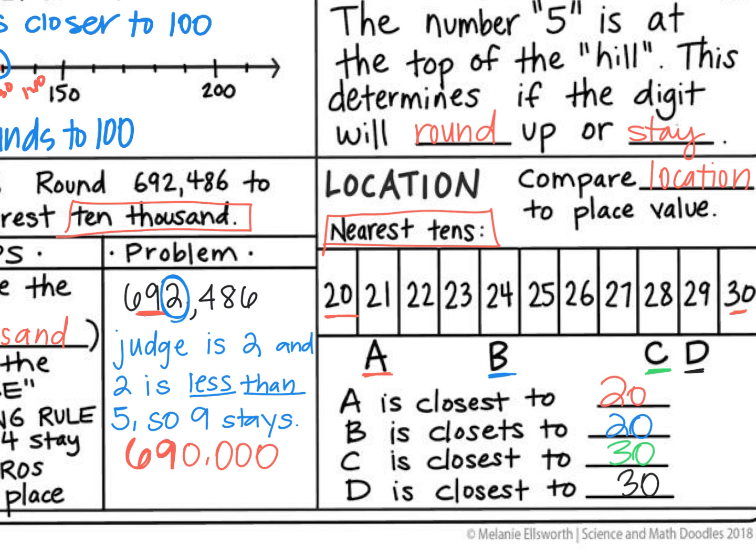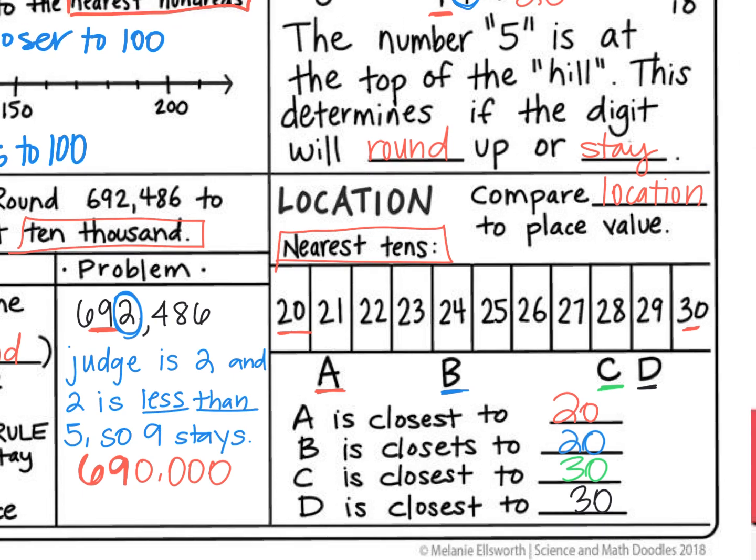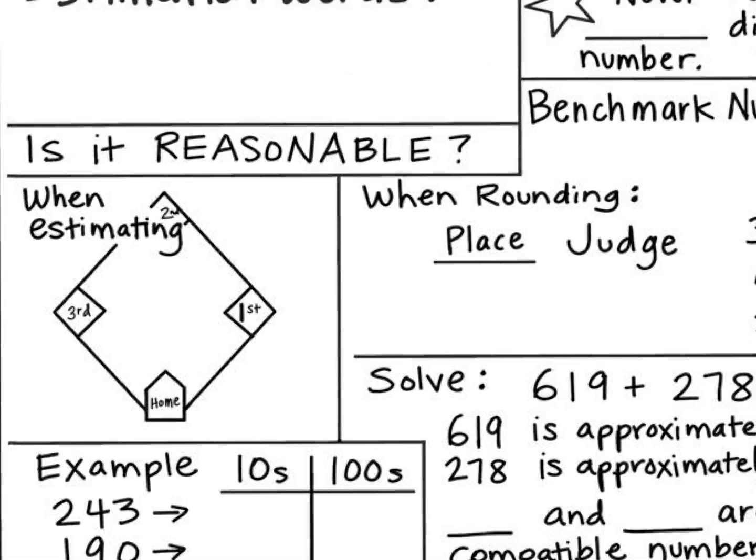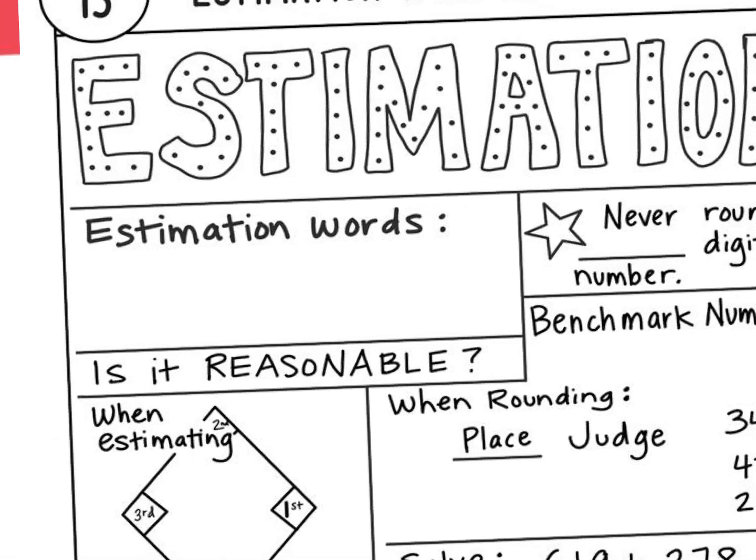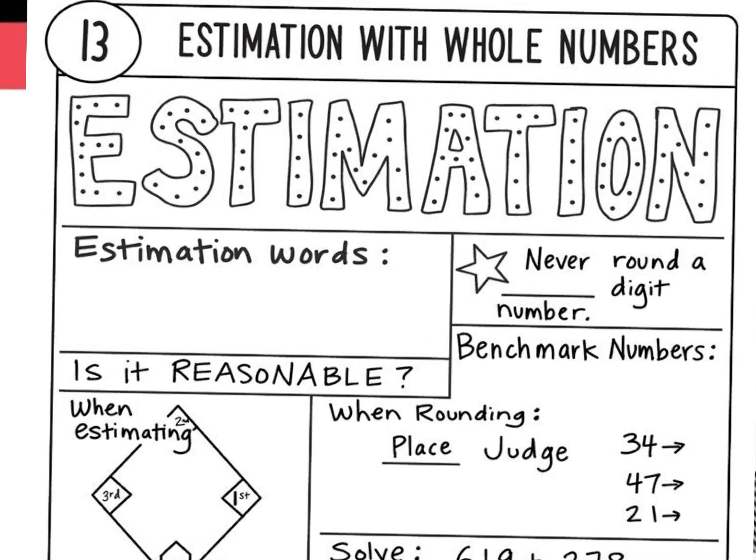Very good. Okay, now let's go to our estimation page real quick. So turn the page, look at estimation. Okay, some words that we might use for estimation could be best guess. We're going to write down these keywords. Things that you might see.